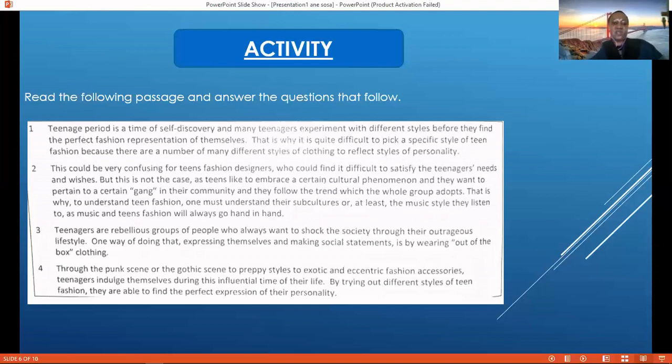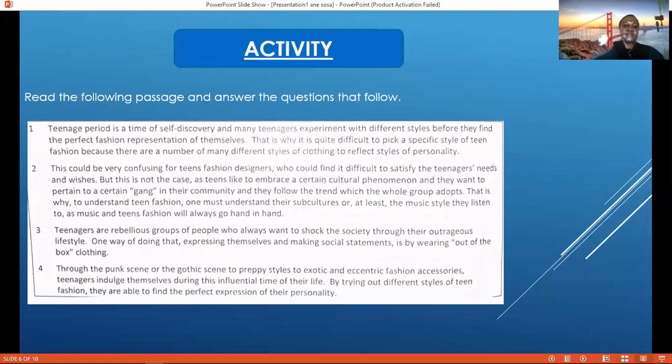Teenagers are rebellious groups of people who always want to shock the society through their outrageous lifestyles. One way of doing that is expressing themselves, making social statements through wearing out of the box clothing, through the punk scene or the gothic scene or preppy styles to exotic, eccentric fashion accessories.